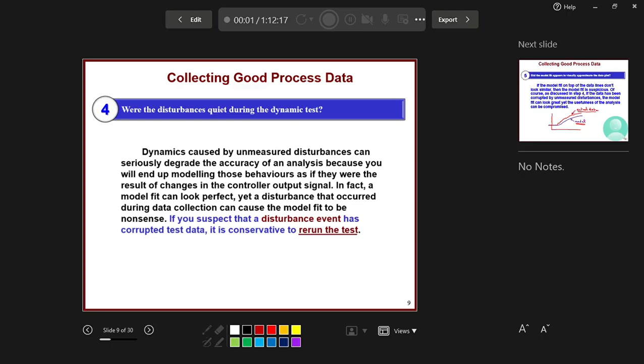The next precaution to take care of is whether the disturbances were quiet during doing the dynamic test for collecting the data. Now, let me show you an example, probably the best way to explain this through an example.